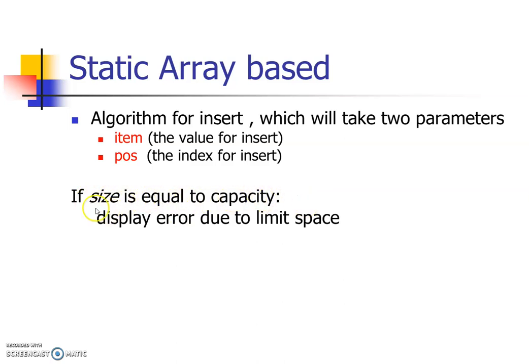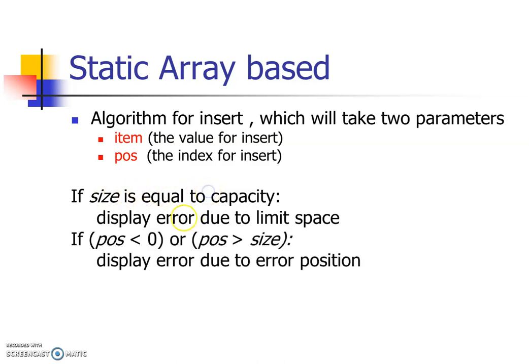What that's trying to say is that if the size, indicating the items that we have, is equal to the capacity of the array, it means it is already full. Say 10 is the size that we have, and 10 is the capacity that we have, and we already have 10 items, then it is indicating you cannot add one more item. Otherwise, it's going to be a full situation.